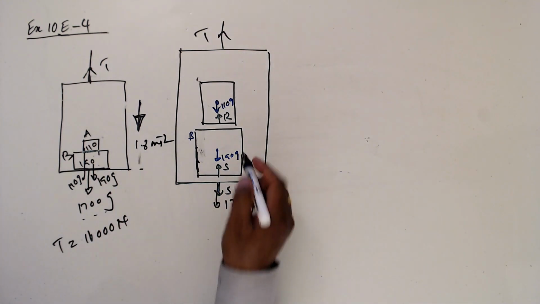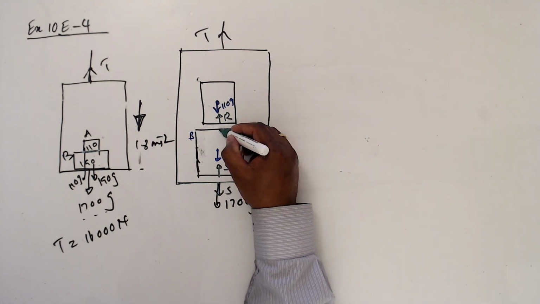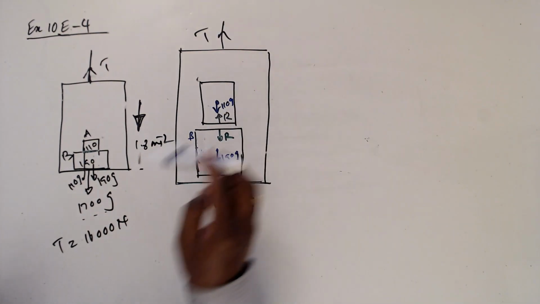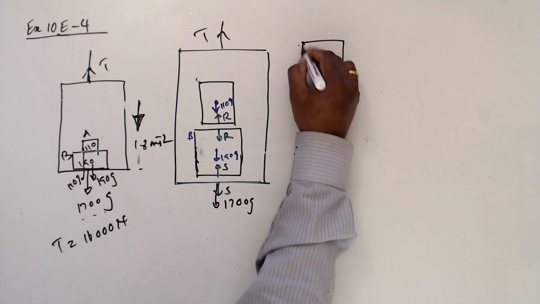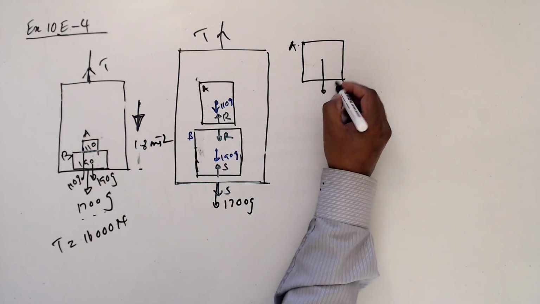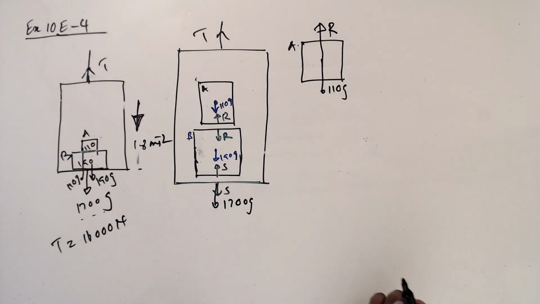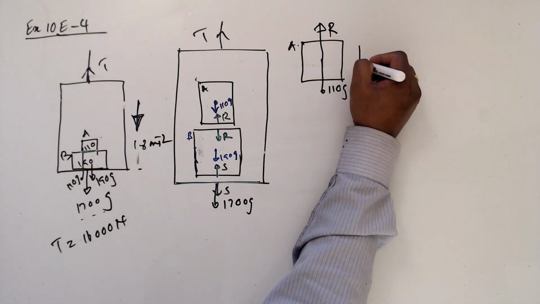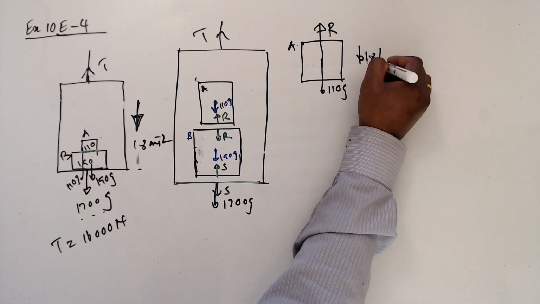Now we need to find R and S. R belongs here as well. If we consider this one, box A, this is 110 g, and there is a normal force called R. This system has an acceleration a of 1.8 downward.